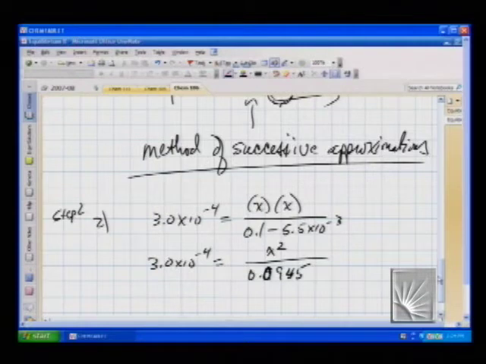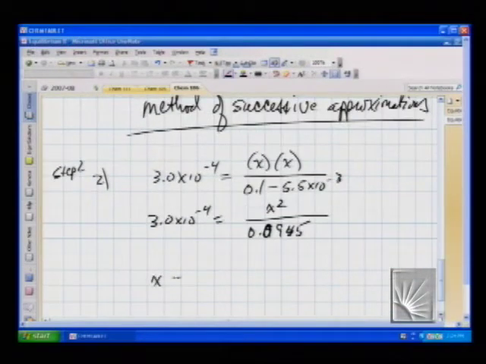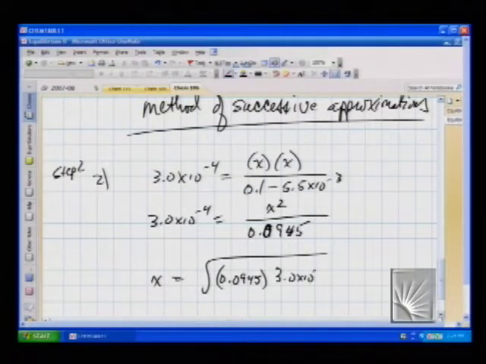Can you do that one for me, Amelia? So x equals the square root. Now when you solve for x on the second iteration, you get an answer of 5.3 times 10 to the negative 3. Notice that when we did it the first time, assuming that x was small, we got 5.5. When we did it the second time, we get a slightly different value for x.